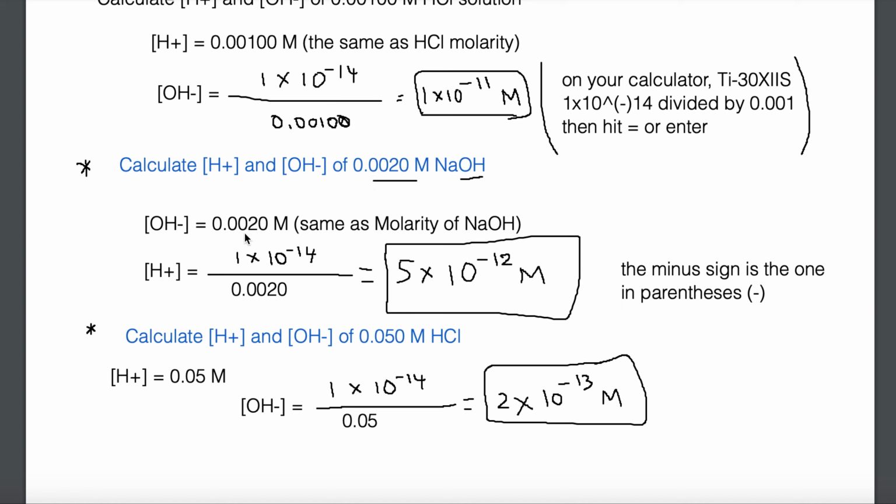And that's 0.0020. Now, to find the other one, which is the H plus, all you have to do is take 1 times 10 to the minus 14 divided by 0.0020, and that should give you 5 times 10 to the minus 12 molarity.